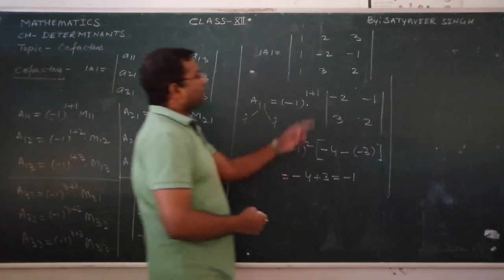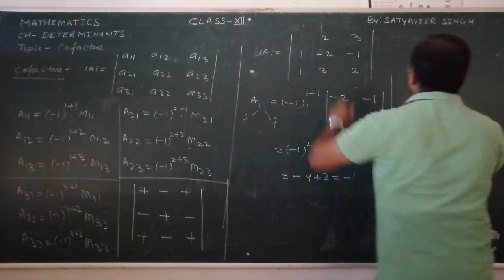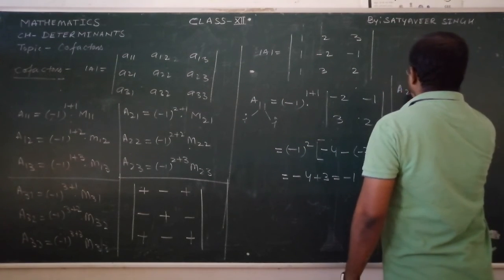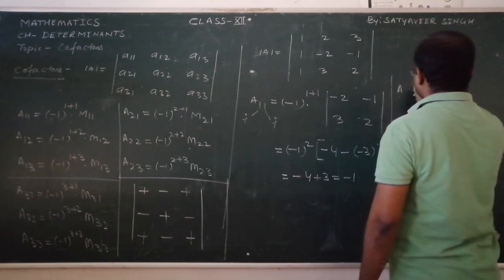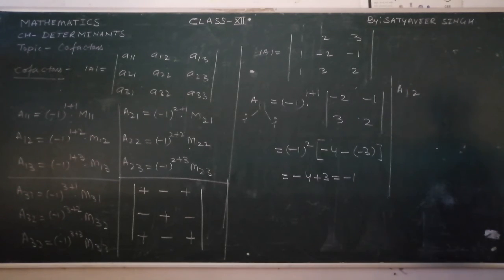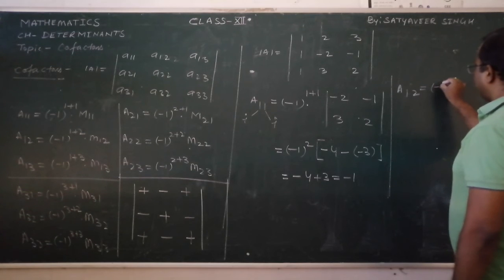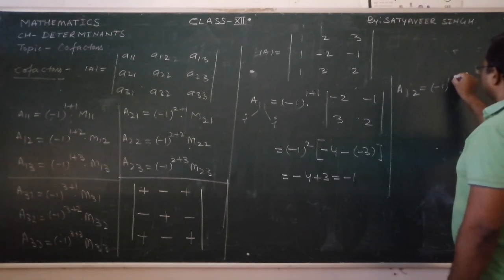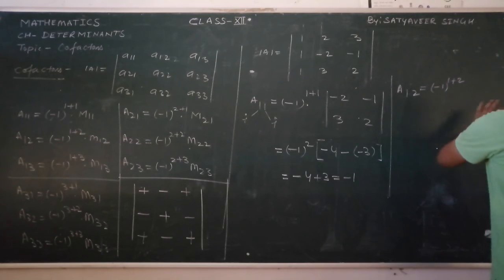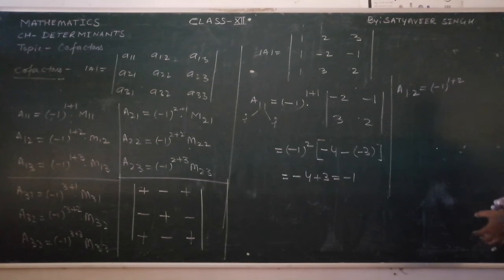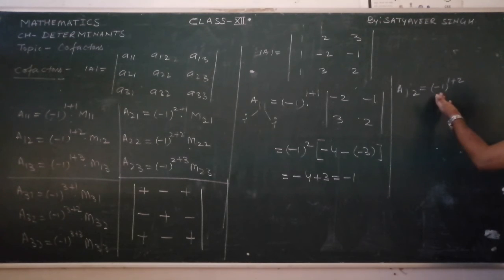Let us see. Suppose I am calculating for this one. It is A22. Not A22, A12. This is A12. So I will write minus 1 raised to 1 plus 2. So student, whatever the value of the minor will come, that will change into negative with the help of this.